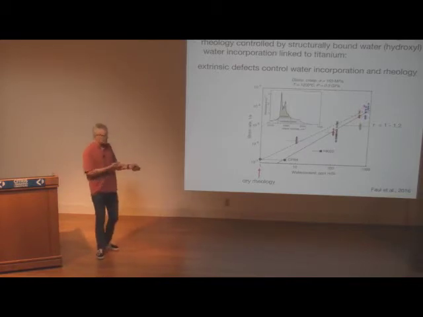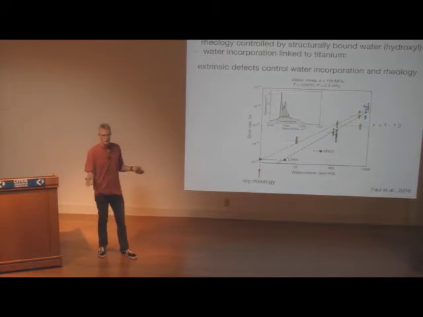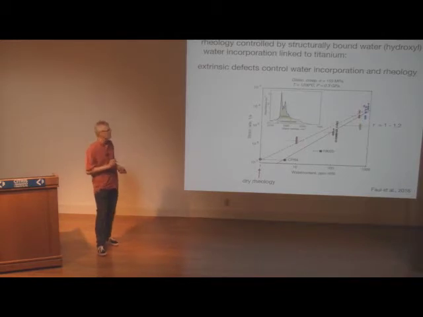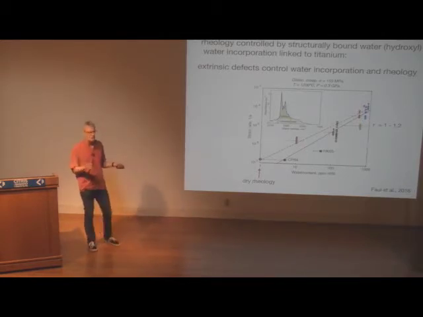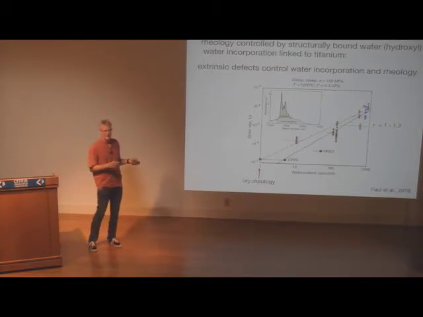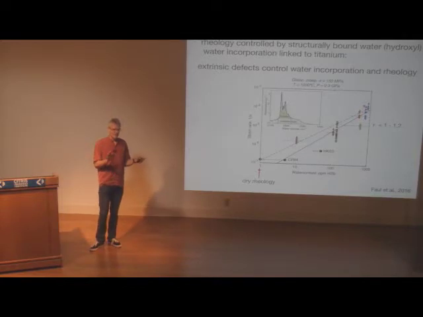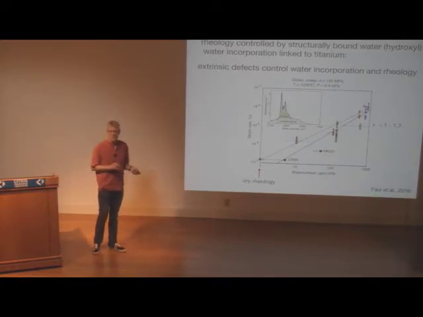From these observations, we say that the defect that controls the rheology of olivine is hydrogen associated with this titanium clinohumite-like point defect. So at least for hydrous olivine, it's not intrinsic defects but rather extrinsic defects that control the rheology. But as I said, that's still a debate, and there is more research that needs to be done in that area.